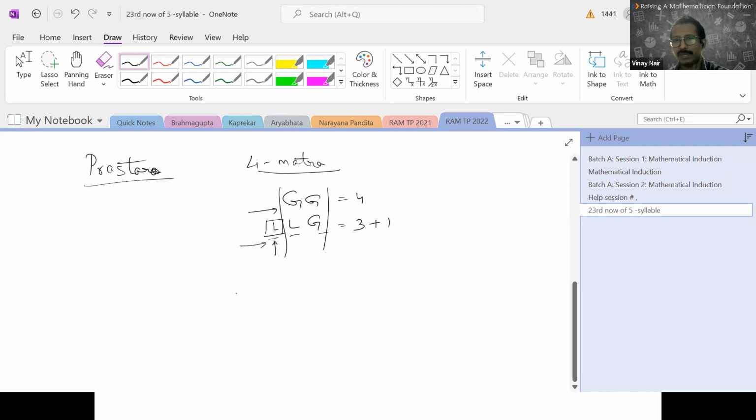Again, we scan from the left. Below the first G, we put an L. Now the total is 1. How many empty spaces? 3. What do you think is the problem now that you might be facing? Do a raise hand. I'll call out names.